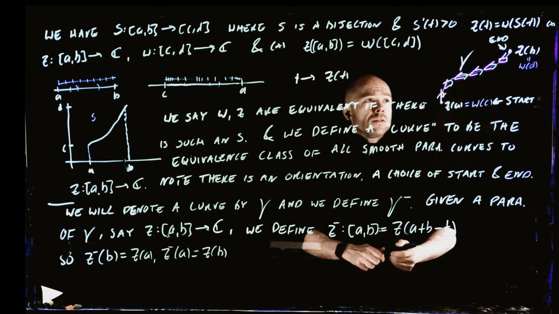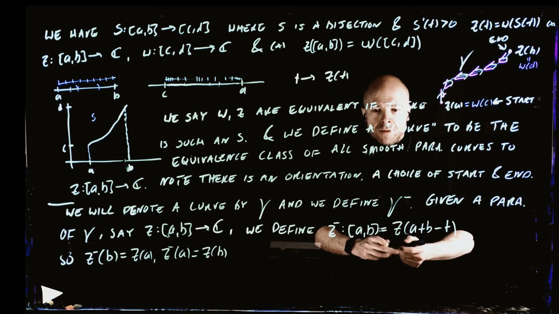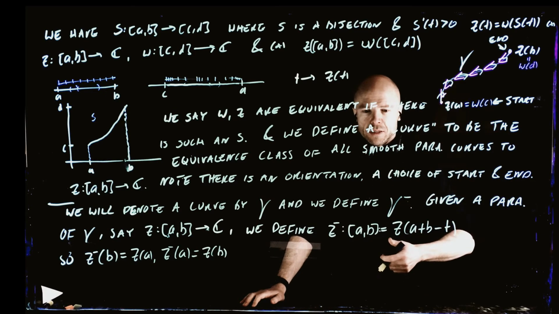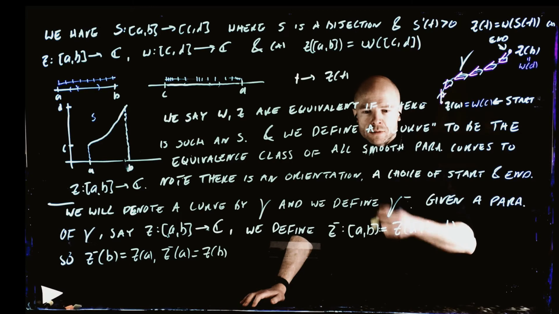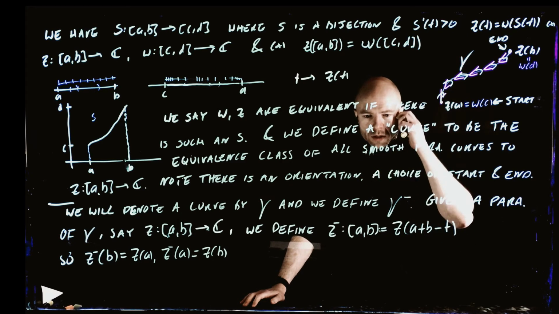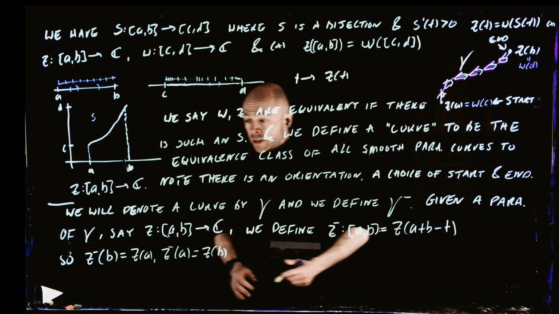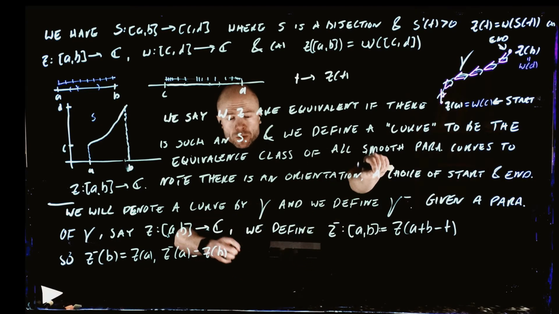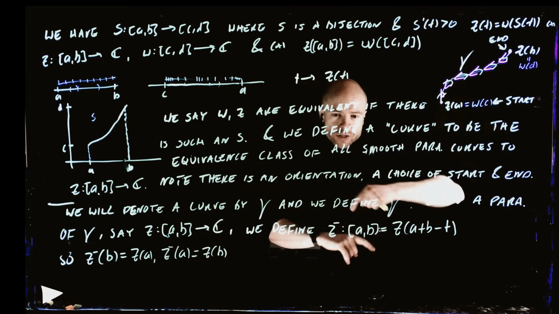Do you see what I mean? Nod your head if you're with me. Now give me actually a thumbs up because it's hard to see head movement. All right, good. So this guy is a parameterization over the same set of points, but now the orientation is reversed.